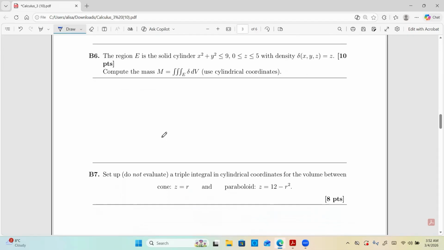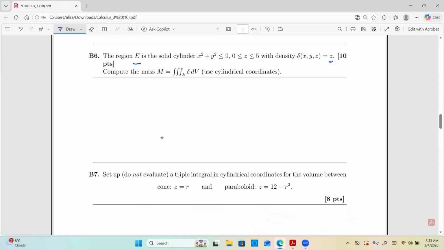This one introduces some important terminology, namely the density and the mass. So whenever we speak of a mass density function, a triple integral of that is going to be the so-called mass of the solid E. In other words, for every point x, y, z inside here, you're assigning the mass z.